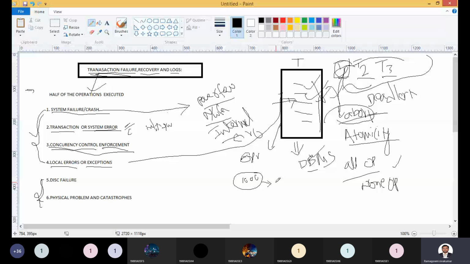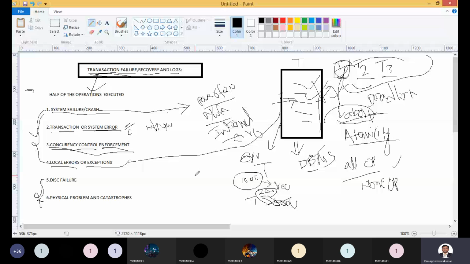That means we have only 200 rupees, but we are trying to transfer 500 rupees. The insufficient amount causes an exception to be thrown. Are you all getting it? So this is also one type of transaction failure.